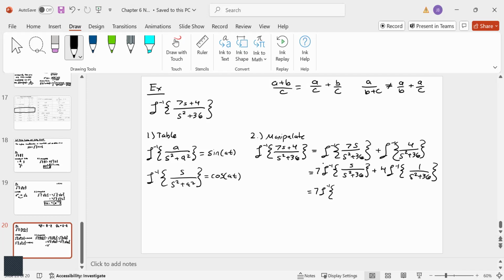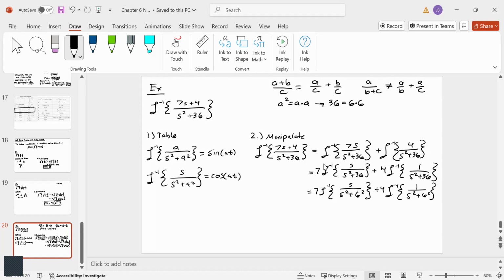We notice that a squared is equal to a times a. So that means 36 is equal to 6 times 6. So s over s squared plus 6 squared. You don't have to write this, but in the beginning it doesn't hurt because it allows you to see that's the number that I'm going to be working with.